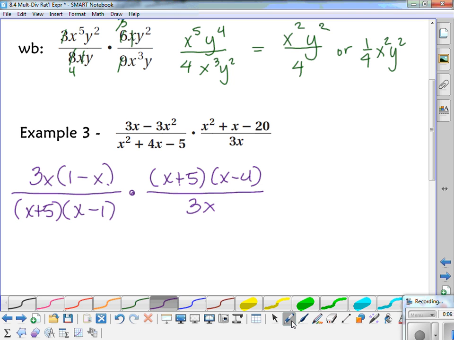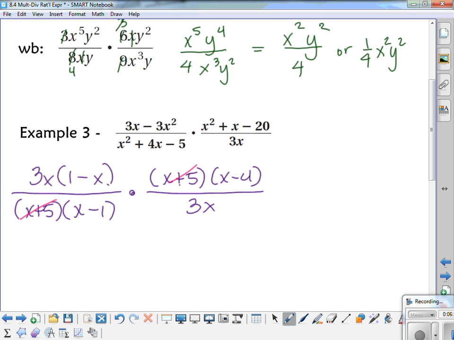So now I can see that I can cross out my x plus 5s and the 3x's. But I notice here I've got 1 minus x over x minus 1. So by factoring out the negative, like some of you guys did in the warm-up, if I can rearrange it.